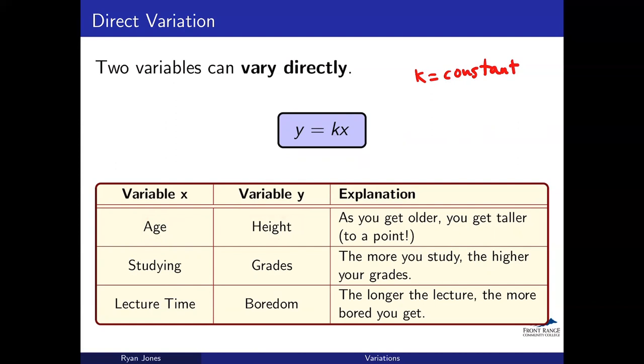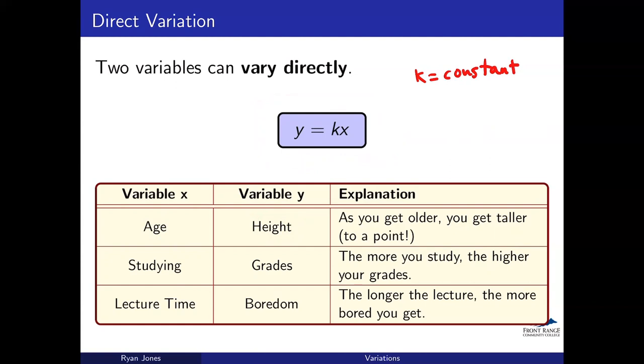And so the point here is just saying that my height is related to my age. You might be able to come up with a function with a relationship between your height and your age. And if we were to do that, we might say, hey, these things vary directly with each other.